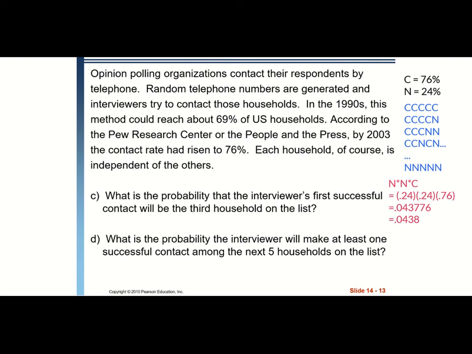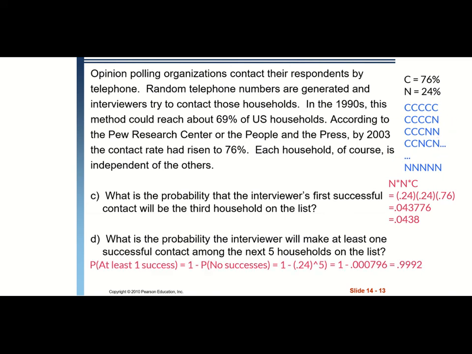The key in this problem that tells us it's this type of problem is where we see "at least one." Okay, and we're going to solve this with the complement. Rather than find the probabilities of all these and add them up, we're going to find the probability of this one situation and subtract it from 100% to find the total of all these other ones.